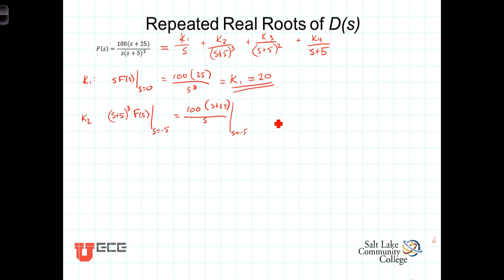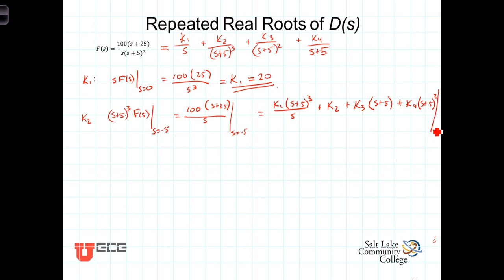On the right-hand side, we'll have k1 times (s plus 5) cubed over s. Now, when we multiply this term by (s plus 5) cubed, the (s plus 5) cubed terms cancel, and we're left simply with k2, plus k3 times (s plus 5), plus k4 times (s plus 5) squared.